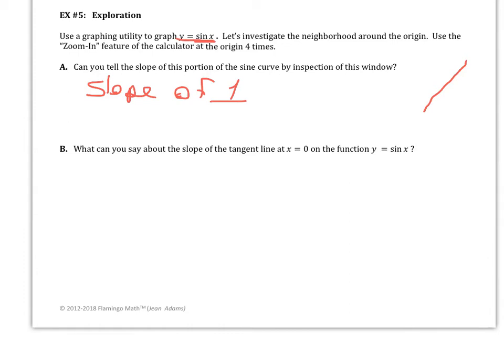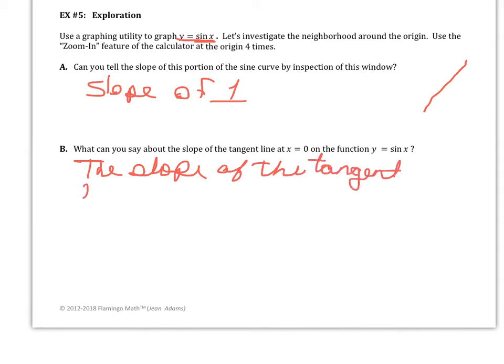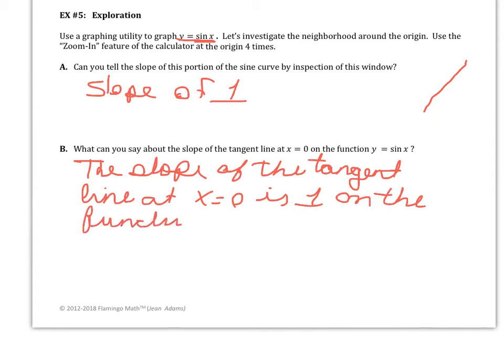So that's what we're going to say: the slope of the tangent line at x equals 0 is 1 on the function y equals sine x.